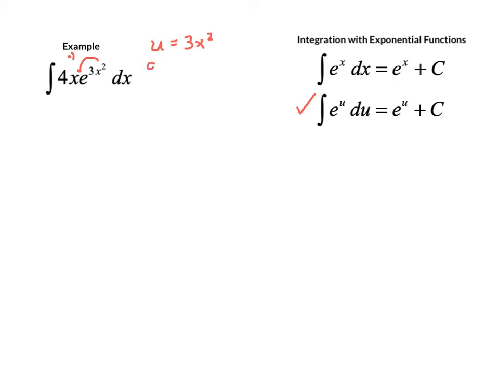So we go ahead and calculate the du at that point, and we see that du is 6x dx. And don't fall into that habit of just trying to assign du to something. Du is a calculation. If you're saying u is 3x squared, du is the differential, so that's the derivative of u times dx.